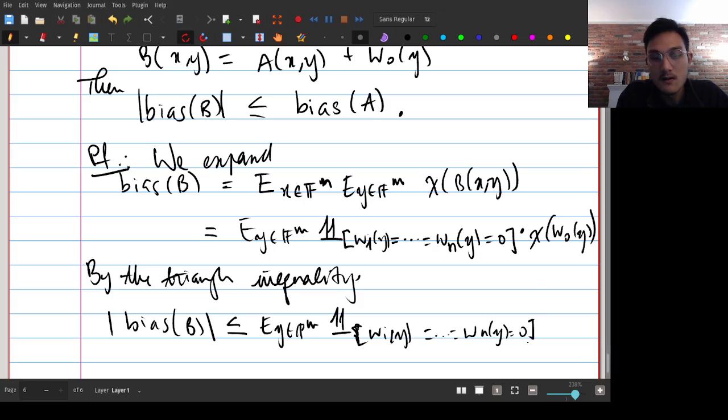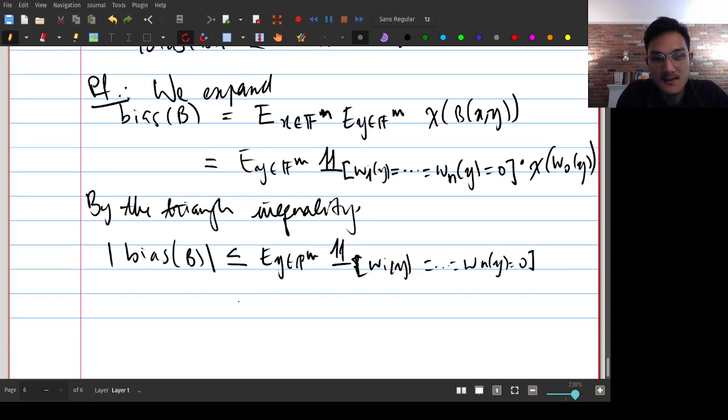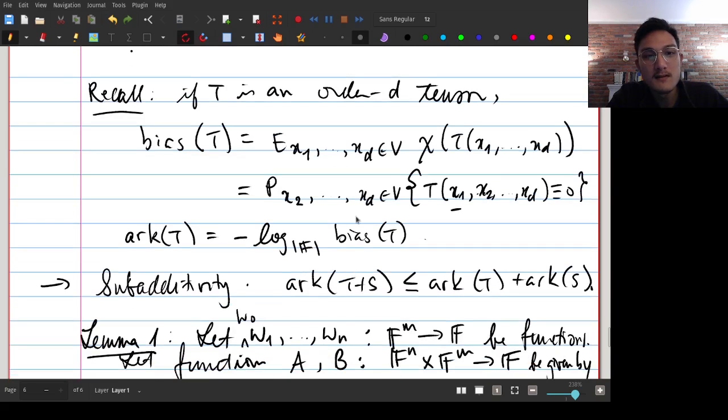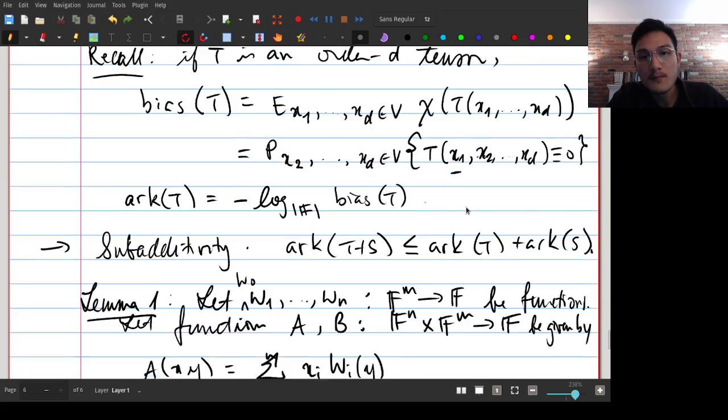This is equal to the bias of A, because this is the probability that a linear form is identically 0, like we set up here. So the bias has two variables, x and y, and it's a linear form.